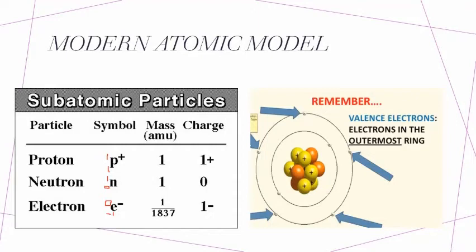Protons and neutrons form the central core of an atom, which is called the nucleus. We already know that protons and neutrons together are called nucleons. The protons and neutrons are held firmly in the nucleus by strong nuclear forces. See this diagram over here.